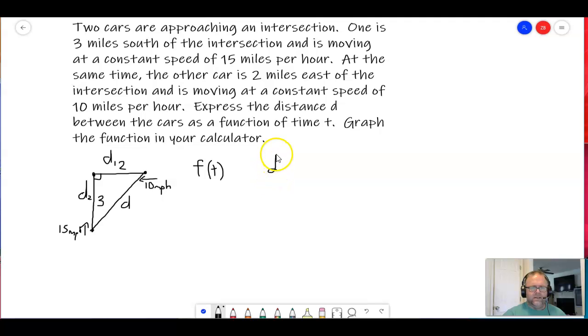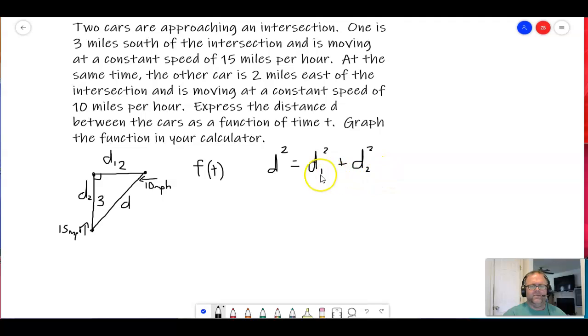So it's going to look like this. d squared, this is the hypotenuse squared, equals the first leg squared plus the second leg squared. So it's going to look something like this. These are subscripts down here.